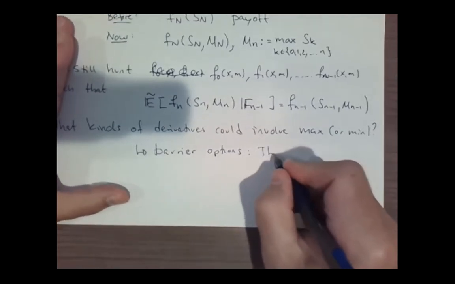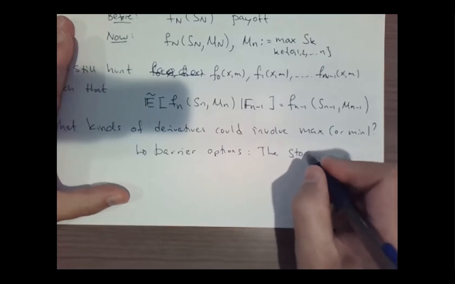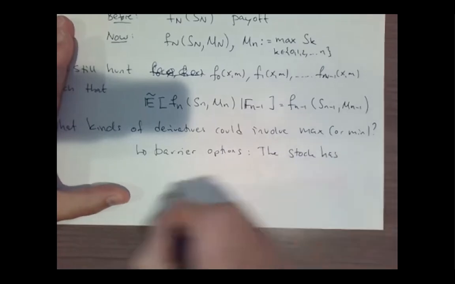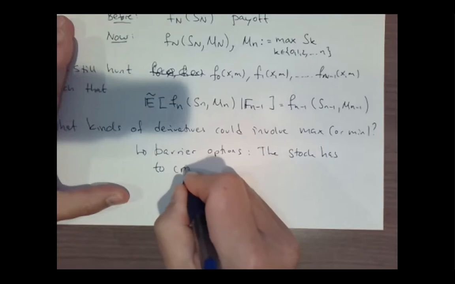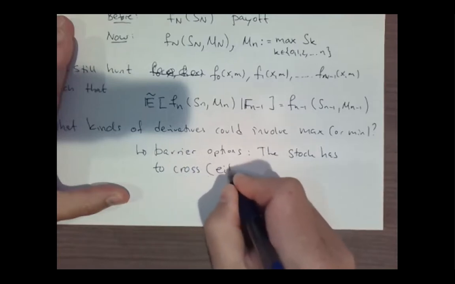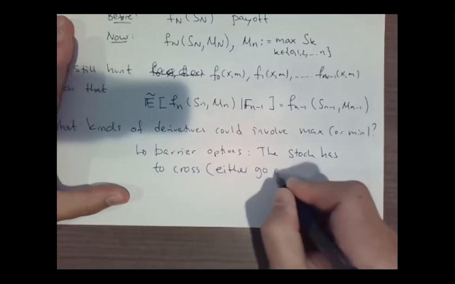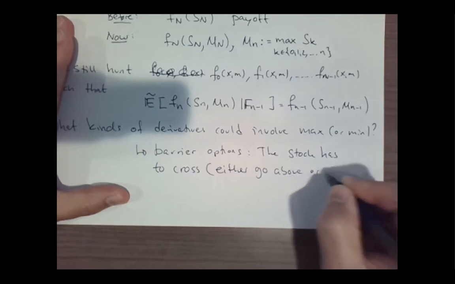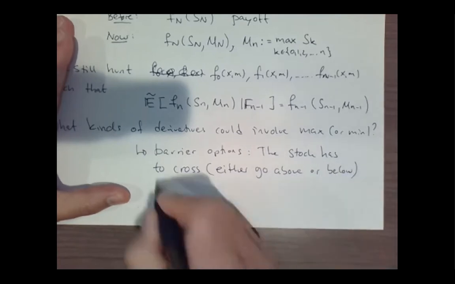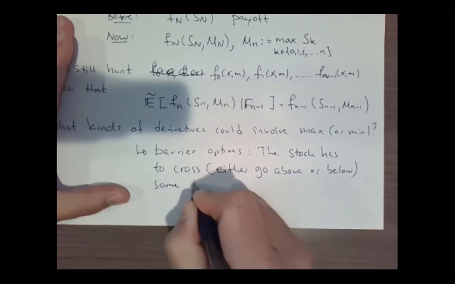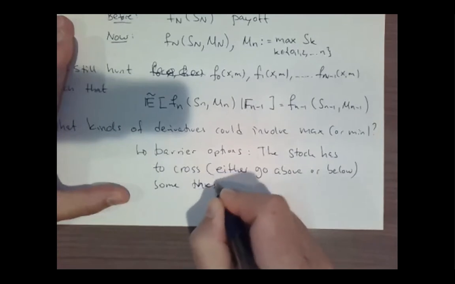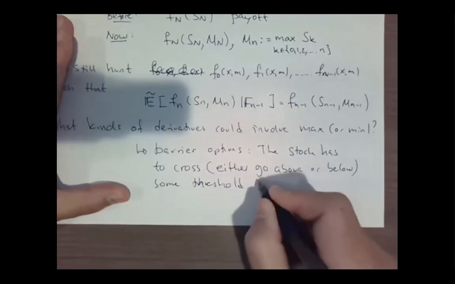Right, the stock has to cross, so that's either go above or below some threshold to pay out.